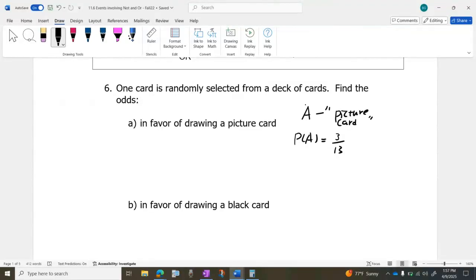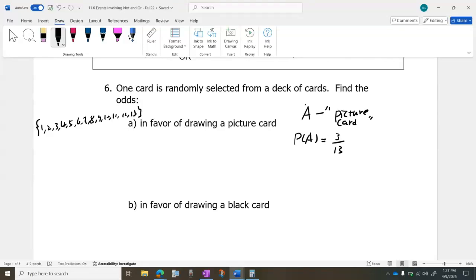You can think about the sample space as 1, 2, 3, all the way to 13, right? You can see the experiment as draw a card from the deck and observe the number. If the number is from 1 through 10, no picture card. If the number is from 11 to 13, then the card is a picture card.